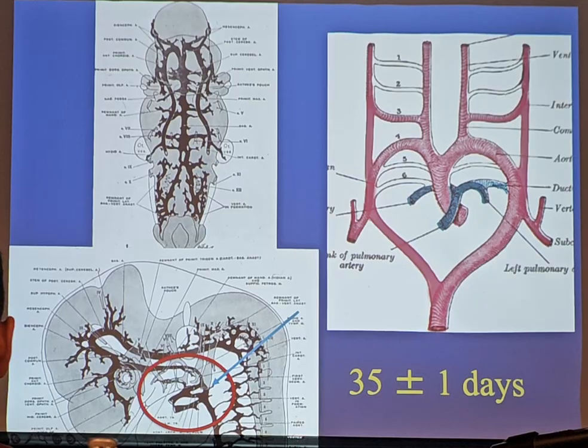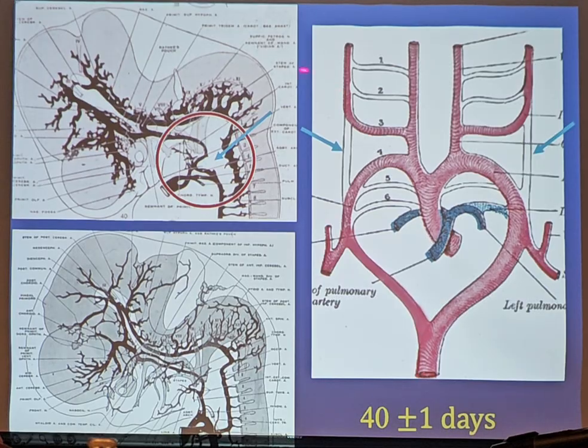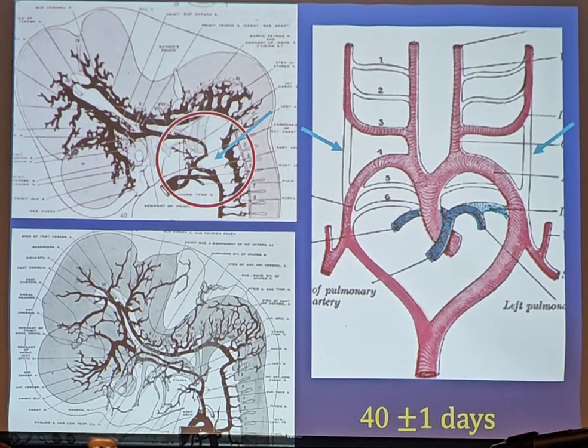Okay? The next thing that happens is regression of the dorsal aorta between the third and fourth aortic arch. Okay? Between the third and fourth aortic arch, which was connected, this regression occurs. Okay? This disappears.